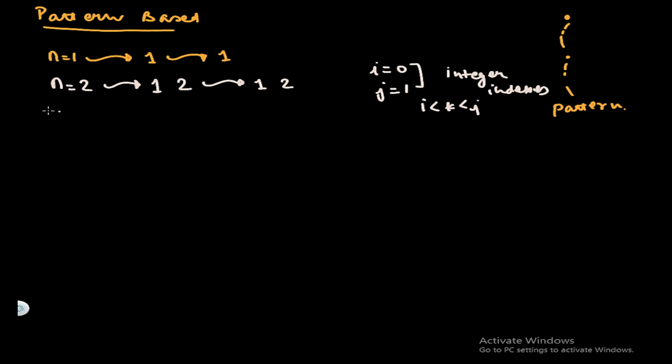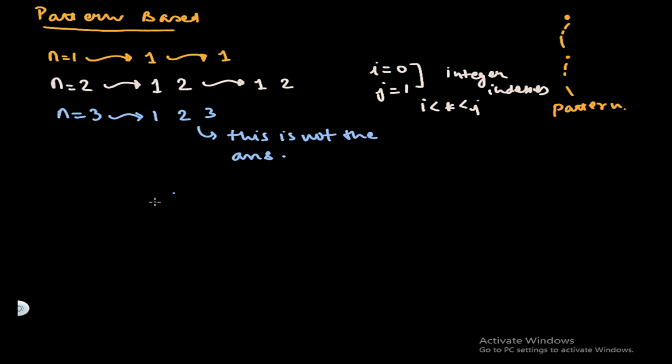Now for n equals 3, the combination 1, 2, 3 is not the answer, because this combination is not beautiful.